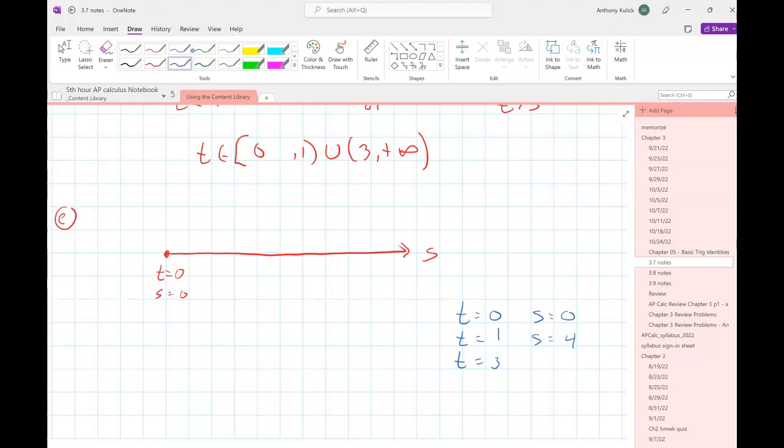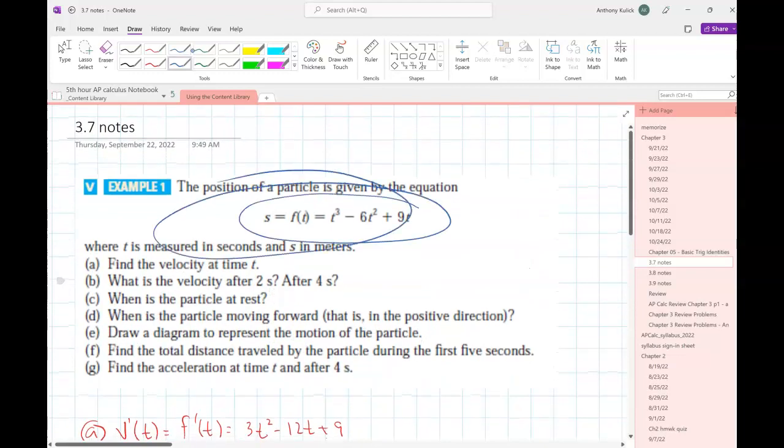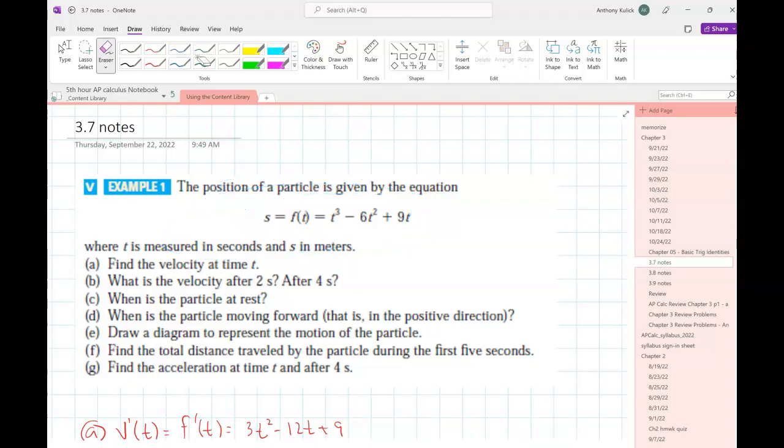I'm plugging them into the position function. Oh. This one up here, not the velocity function, right? S is the position. And if I plug 3 in, I have 27 minus 54 plus 27, which is 0.